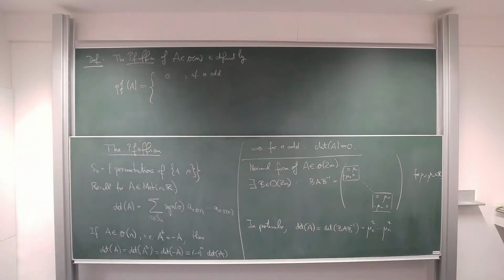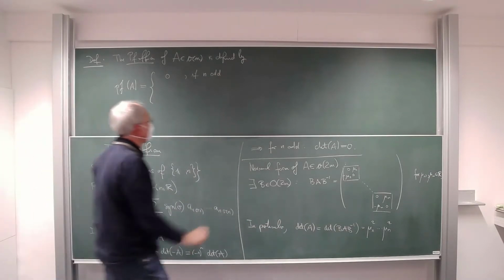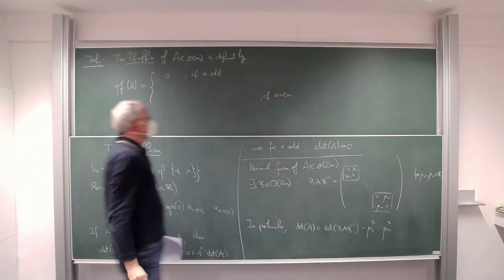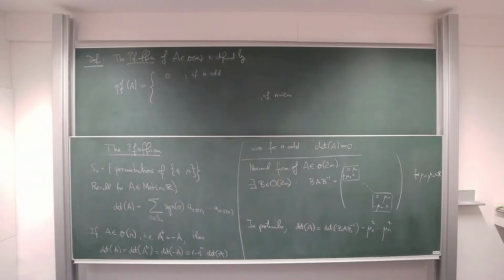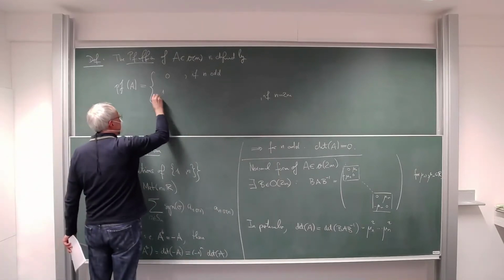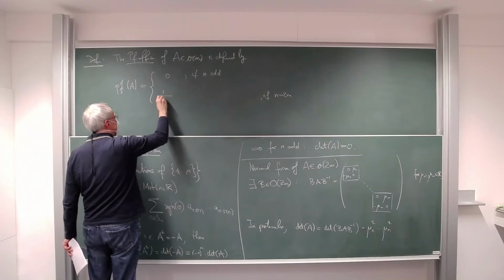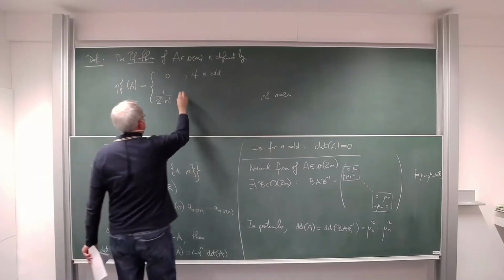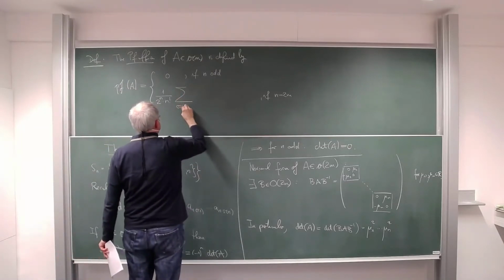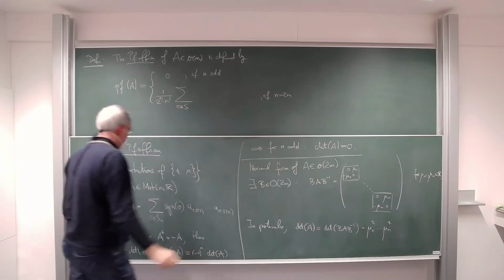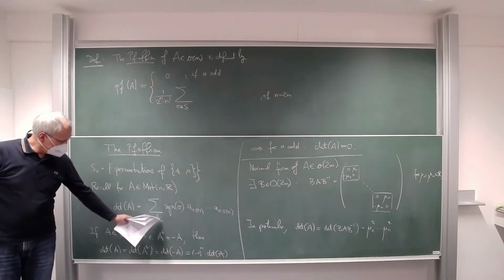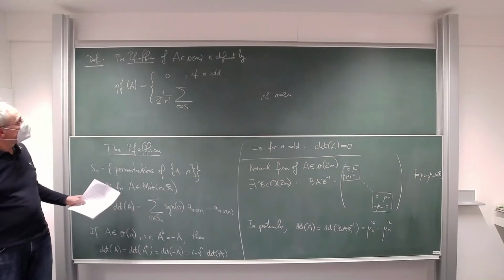The interesting case is the even dimensional case. So if the size is of the form 2n, I give you the formula. The formula is first a scaling factor, which we will understand later, 2 to the n times n factorial. And then there's a sum over all permutations. But unlike for the determinant, we are not taking permutations on 2n letters, where 2n is the size of the matrix.